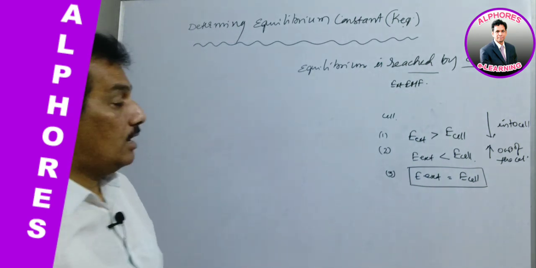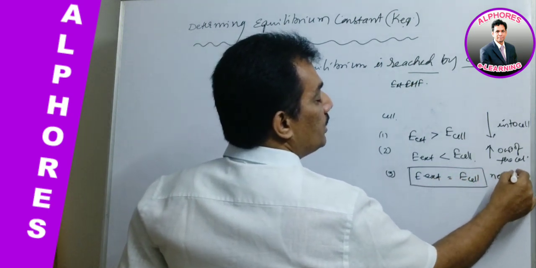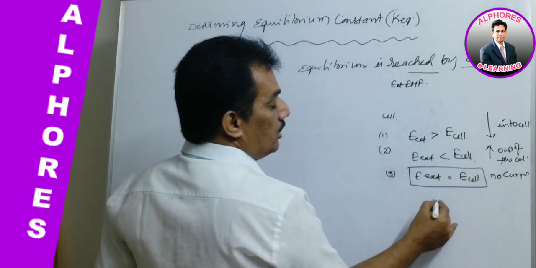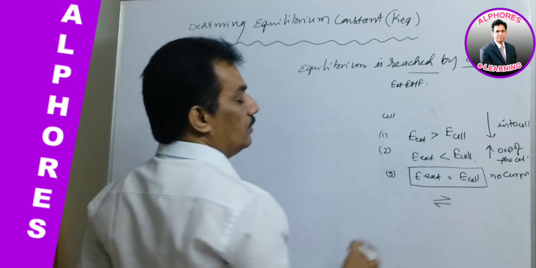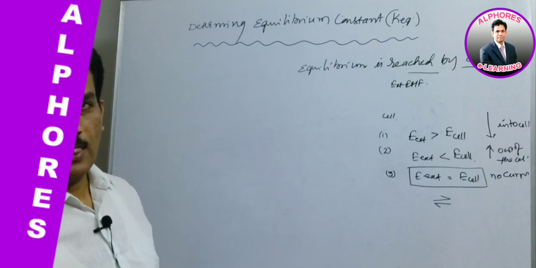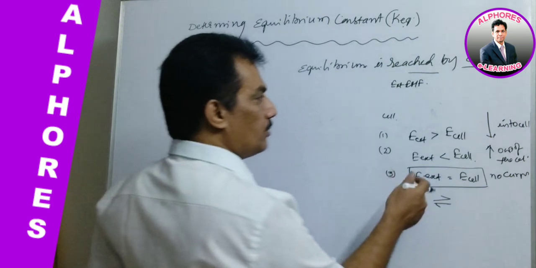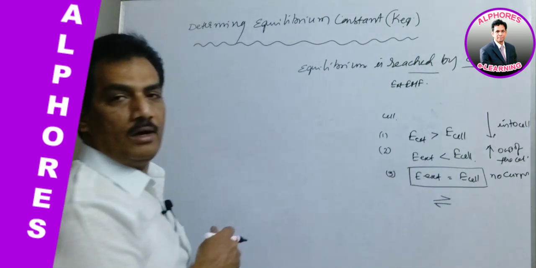Is it not? And now what happened? That means here no current will be generated. The cell reaction will attain equilibrium. And now what are the consequences at this equilibrium condition? First of all, we have to recall them.